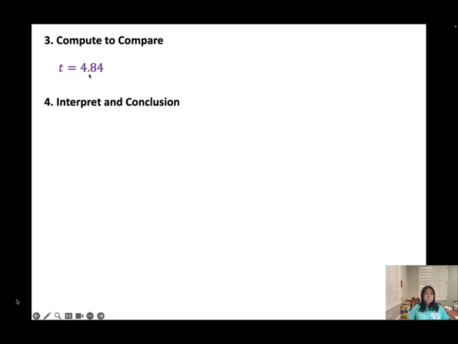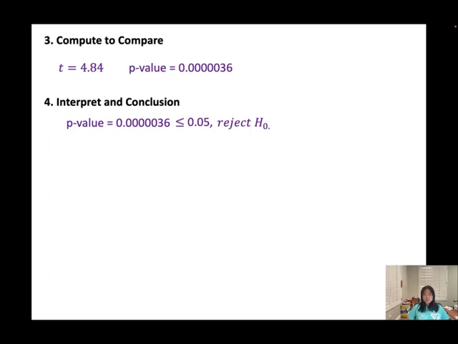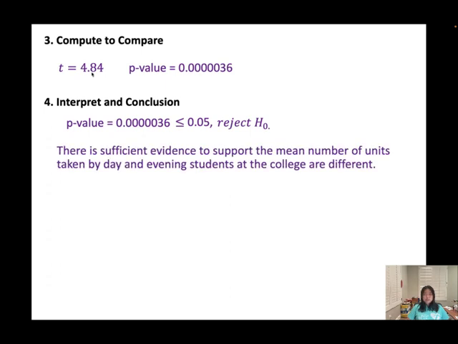You should find t equal to 4.84, and then you do have the p-value 0.000036. It's really small because that's a pretty large test statistic. And then we're gonna compare with your significance level, less than or equal to. So there'll be reject, okay? And then draw the conclusion. There is sufficient evidence to support the mean number of the units taken by the day and evening students at the college are different.